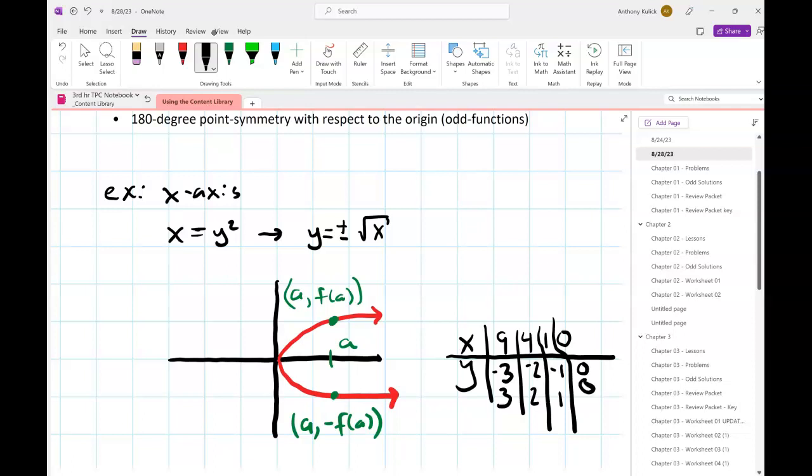And then 0 is just going to be 0, right? Because 0 is neither positive nor negative. So the plus or minus doesn't affect 0. But that's kind of what we're looking at here.